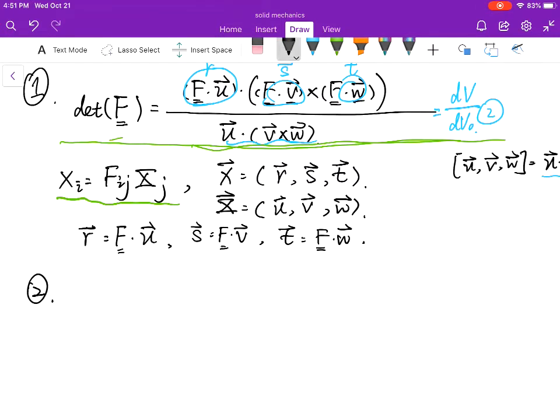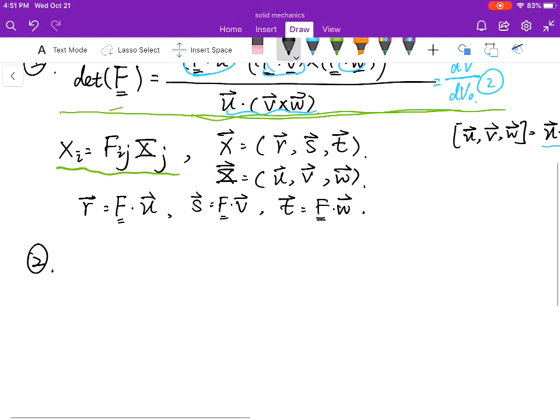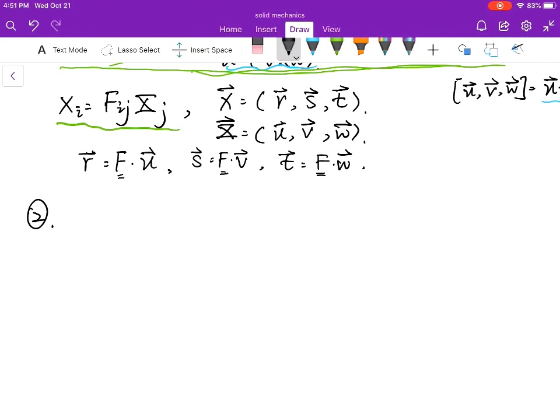The second way also involves some mathematical concepts, but it's necessary. This time let's consider still the same element. So we name this 3 and this 4.